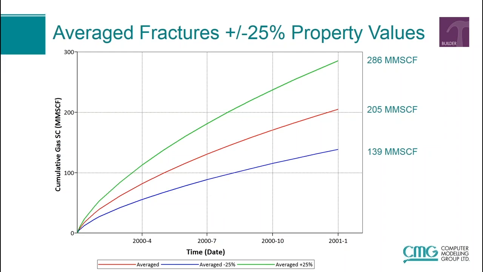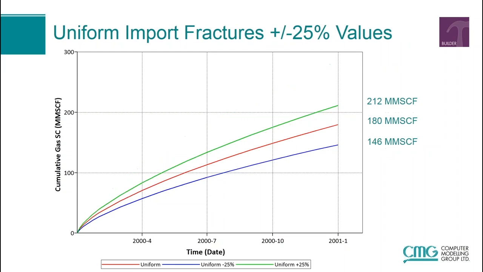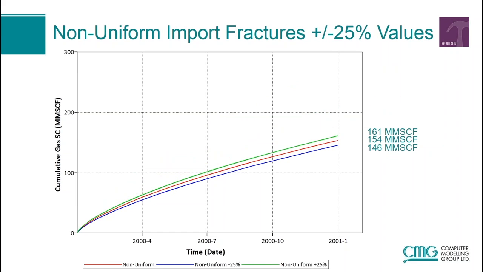If we compare this to the uniform import case, we actually notice a significant decrease in uncertainty to about 18% difference above and below our cumulative gas production. Finally, taking a look at the case where we import the full array of conductivity values, again doing the same thing here where we scale all of the values plus or minus 25%, we see that our uncertainty here is brought down to less than 5% on either side.